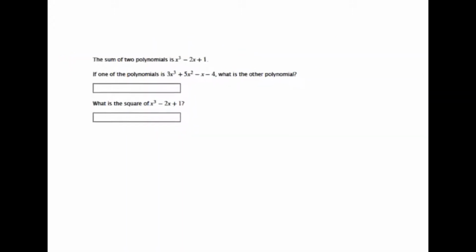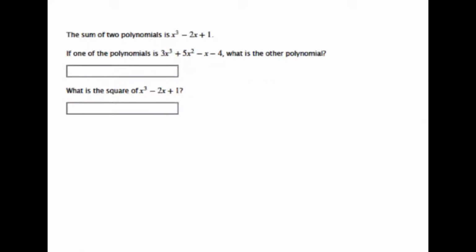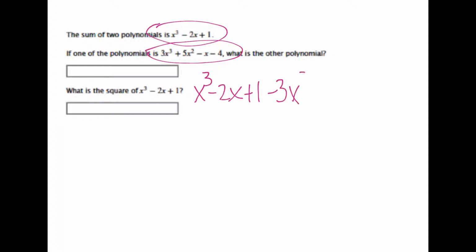The sum of the two polynomials is x cubed minus 2x plus 1. If one is this one, what's the other one? So that means if I take this one and subtract this one, I'd get my other one. So that's x cubed minus 2x plus 1 minus (3x cubed minus 5x squared plus x plus 4).